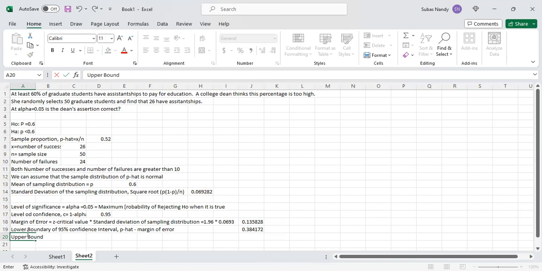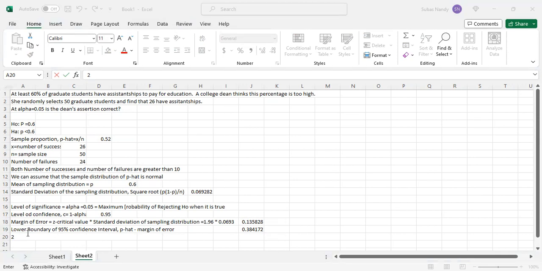And the upper boundary of the 95% confidence interval is P hat plus the margin of error.